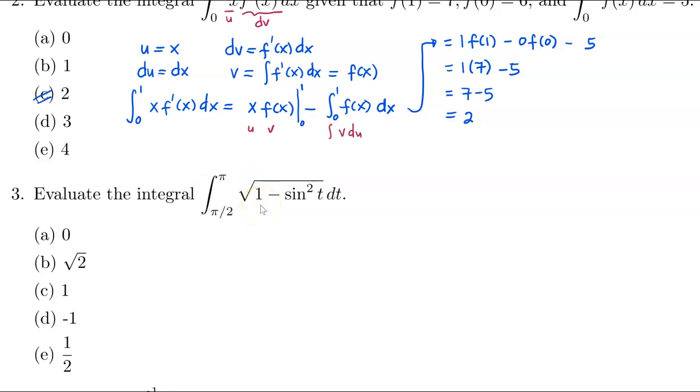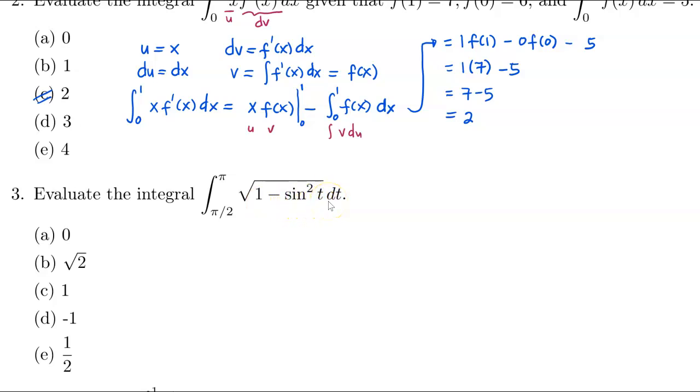Here we are asked to evaluate the integral of the square root of 1 minus sine squared t dt from pi over 2 to pi. Now to solve this, we will have to first apply an identity to 1 minus sine squared t.